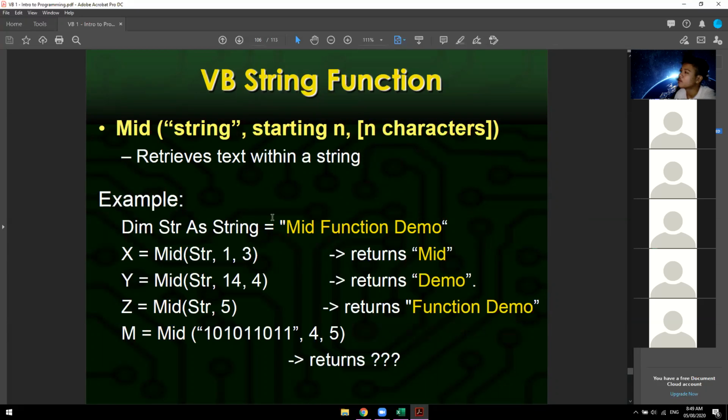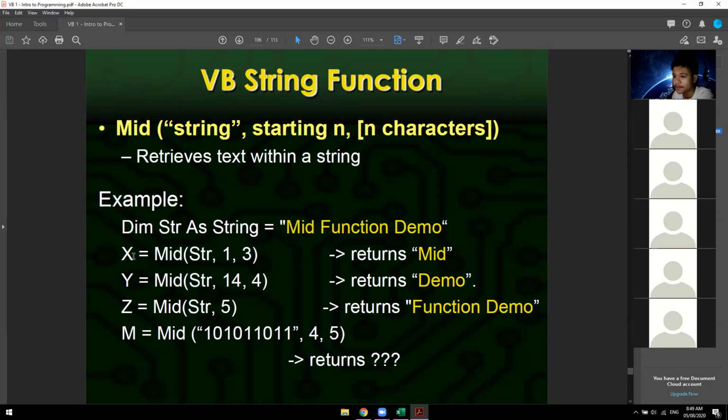Para makuha natin yung mid, kailangan nating i-assign kung saan ka mag-i-start and then kung ilang character yung gusto mong i-retrieve. Itong starting end na to, mag-i-start ka sa left. Count ka sa left and then kung saan ka nag-stop, dun ka mag-i-start mag-count ng characters. Meron tayong string dito, which is mid function demo.